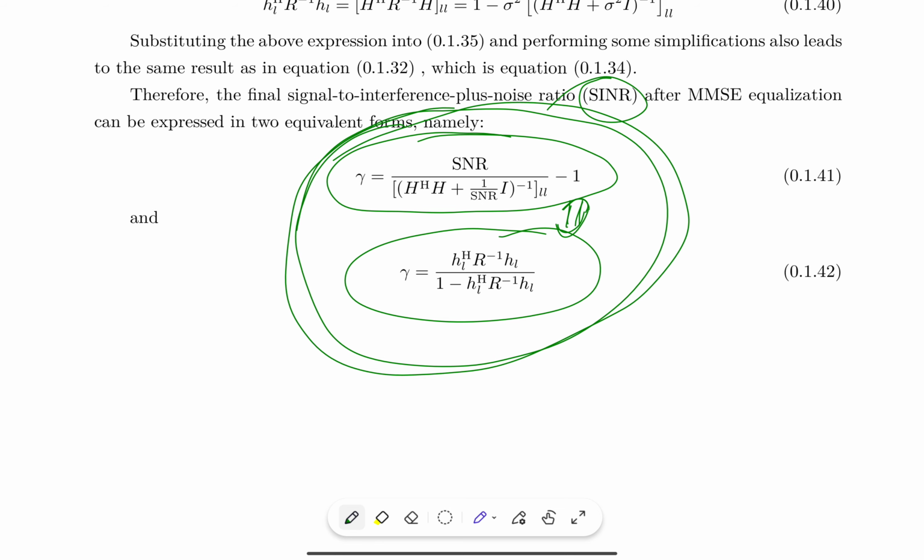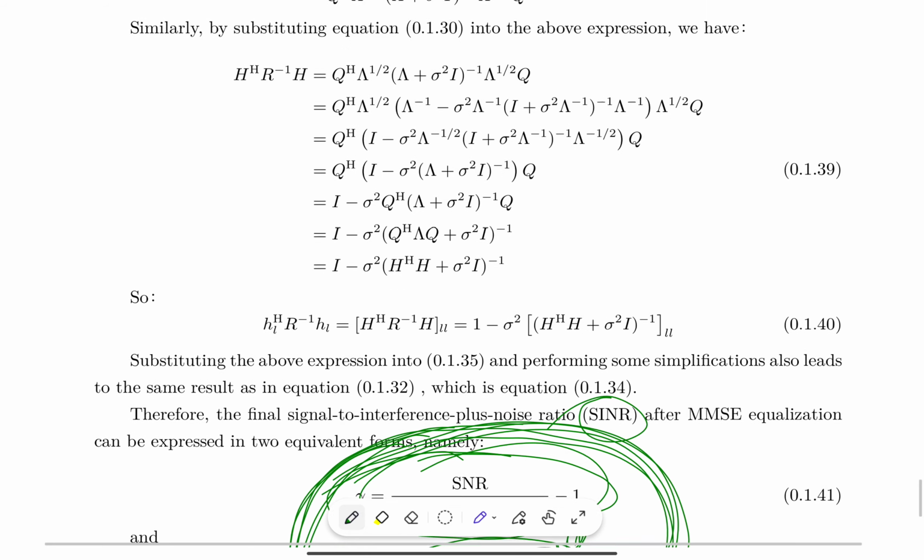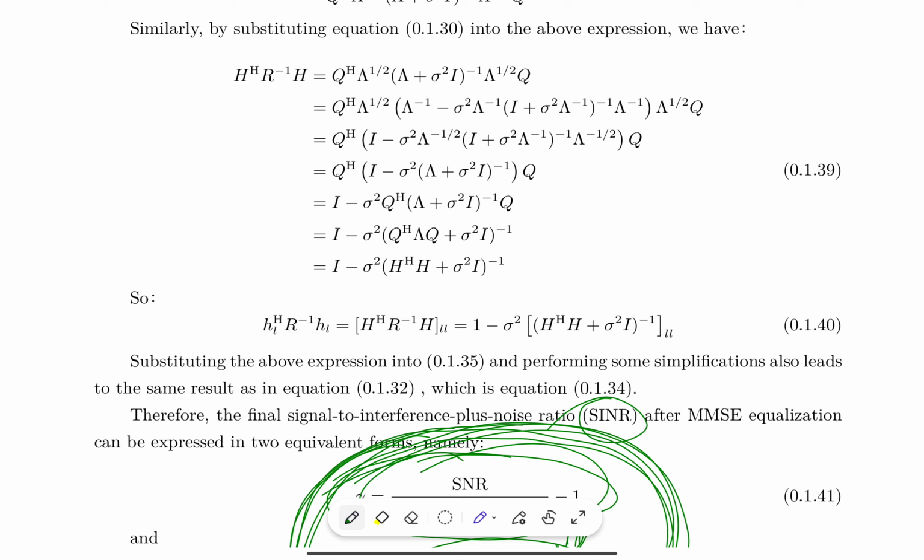We will introduce how to get these two formulas. Sometimes we can use this one, sometimes we can use that one. It's a little too difficult to get the two formulas from the very beginning, from the noise and interference, and then try to calculate the SNR for MMSE.